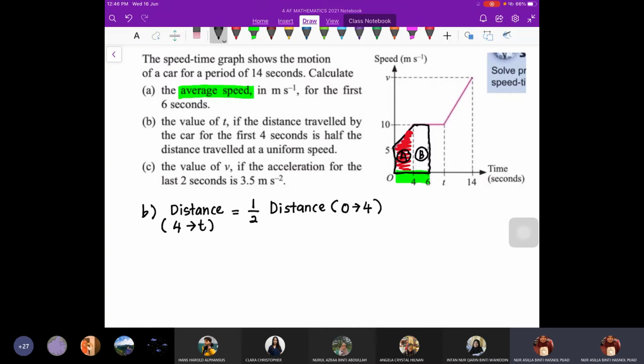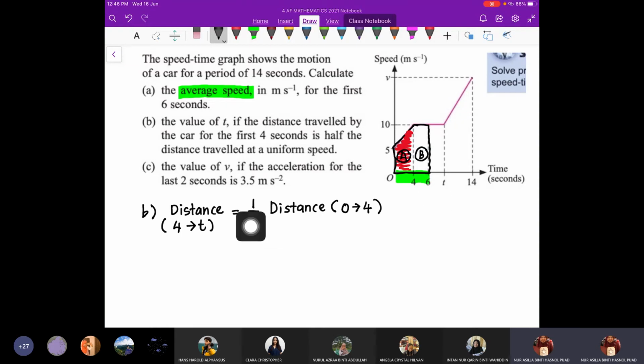Okay, you have to understand that. Kita baca balik. The distance travelled by the car for the first 4 seconds is half daripada distance travelled at uniform speed. So daripada 4 to t. Okay.